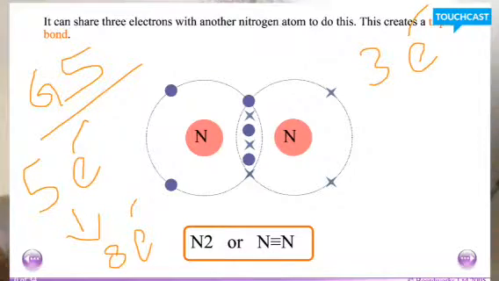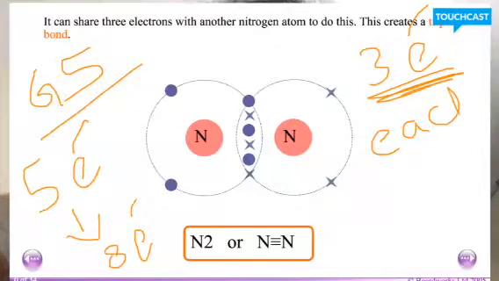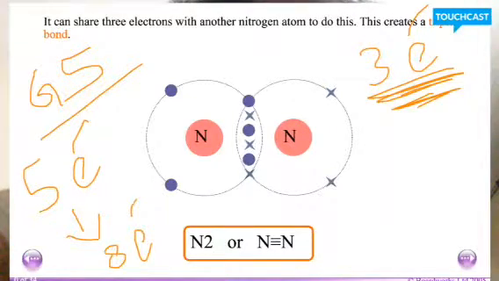So it needs 3 more electrons. This means each nitrogen needs to share 3 electrons. If we count in the middle part, here we have 1, 2, 3 from the first nitrogen, and we have 1, 2, 3 from the second nitrogen.